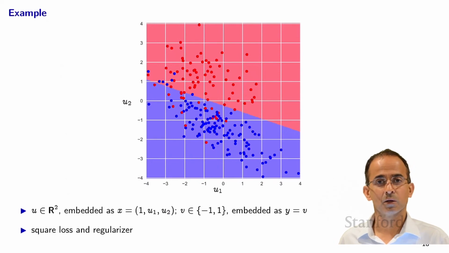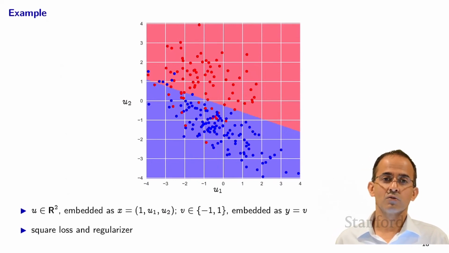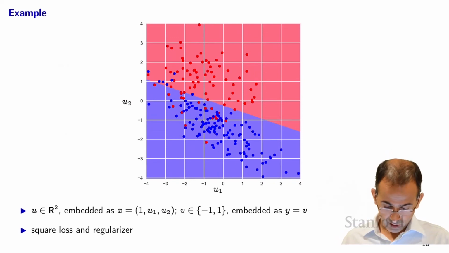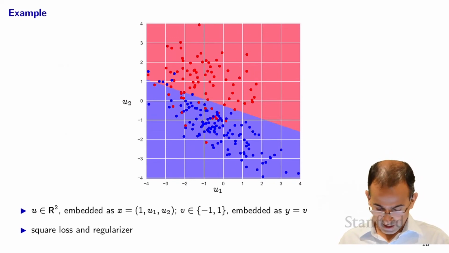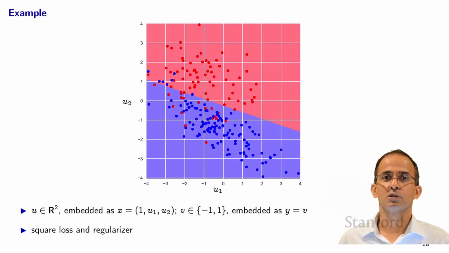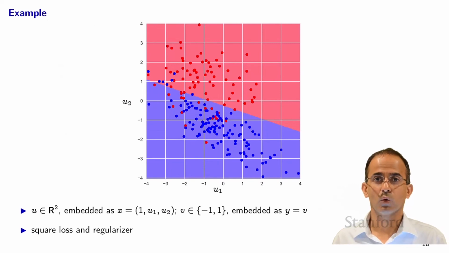Psi 1 is minus 1, psi 2 is 1. And we use a square loss and a square regularizer, and this is our predictor. The shading here shows which points u1, u2 map to 1 and which points map to minus 1.